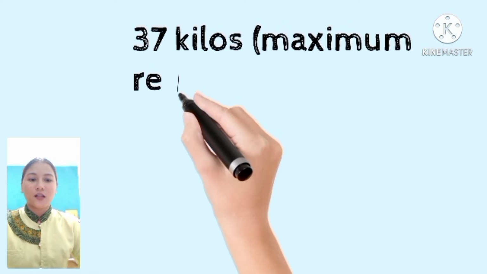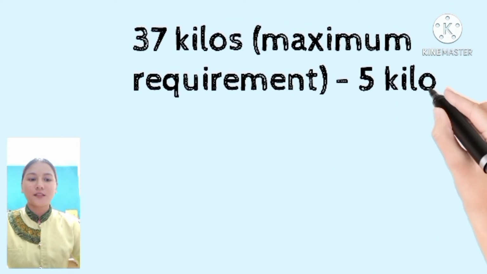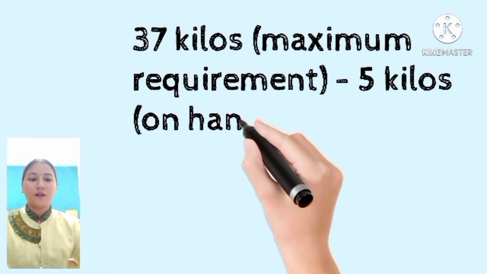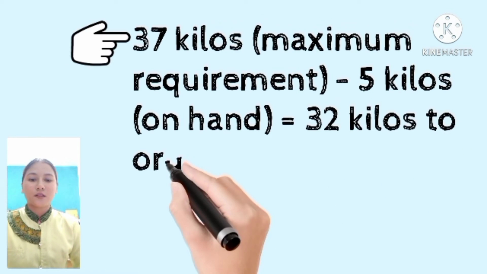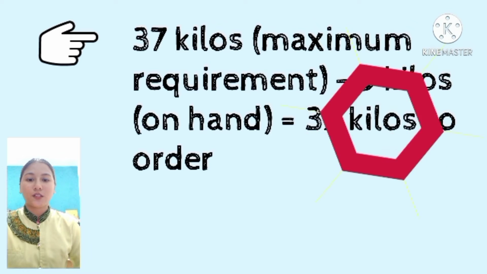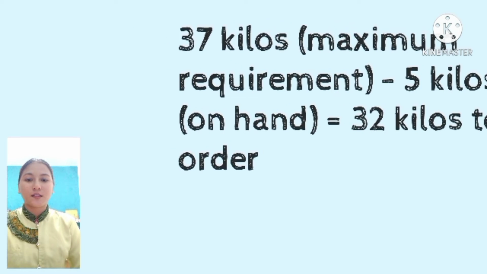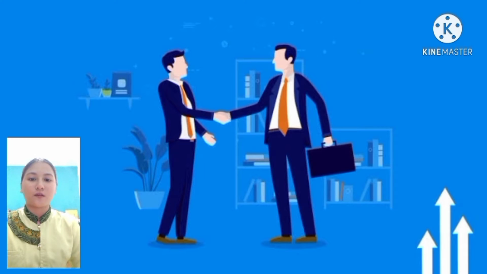Then assume that there are 5 kilos of beef tenderloin still available on that day. So the quantity to order shall be computed as 37 kilos, which is the maximum requirement, minus 5 kilos, which is on hand, and it equals 32 kilos, which is yun yung kailangan orderin ng araw na yan.